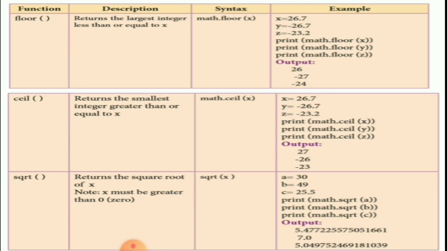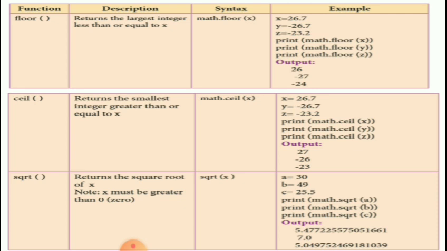In the output you can see 26, minus 27, minus 24. Here you notice one thing, it returns the largest integer but less than or equal to the value of x. The first value is 26.7, and what we got in the output is 26 because it returns a lesser value. The same way we receive the values minus 27 and minus 24.